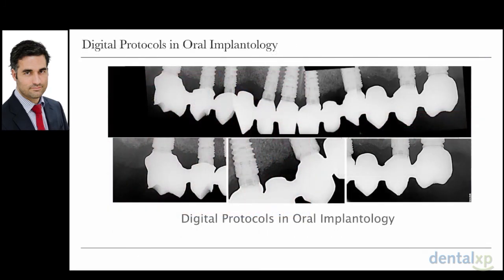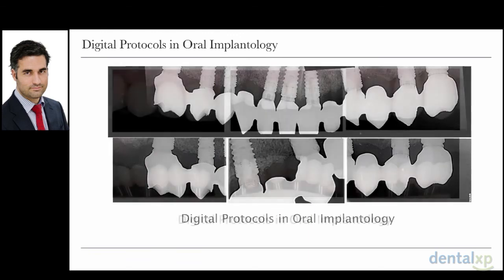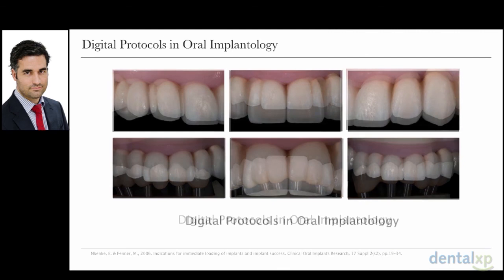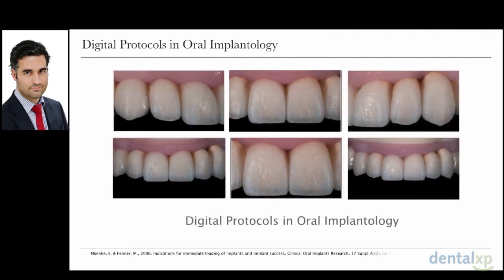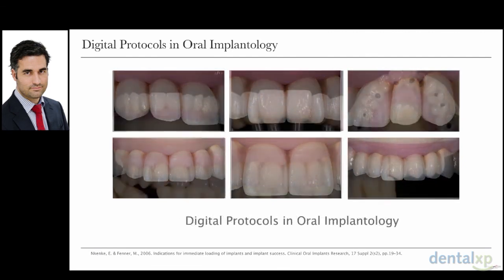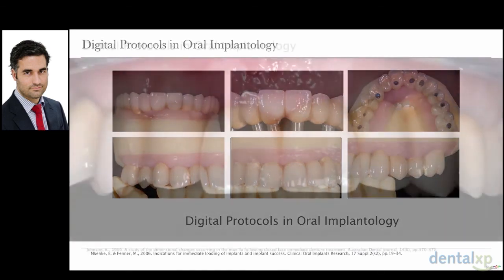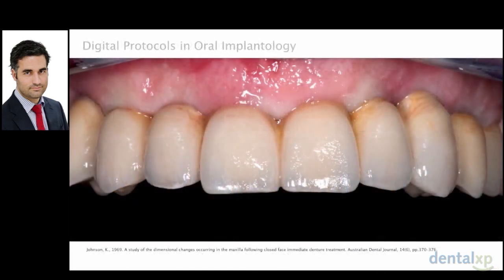We took a radiograph, as you can see, with only one screw. We tested, and then we sent it back to the lab where the ceramic loading was done. And after that, I placed the prosthesis definitively in the patient.